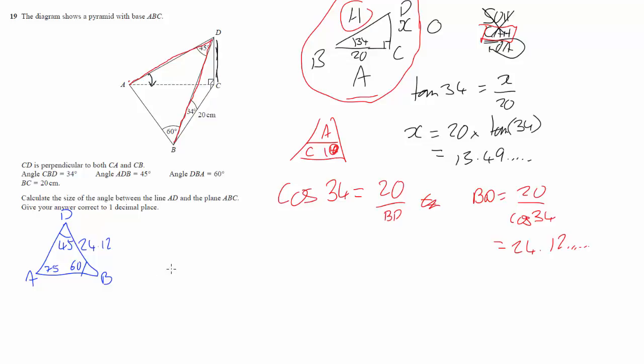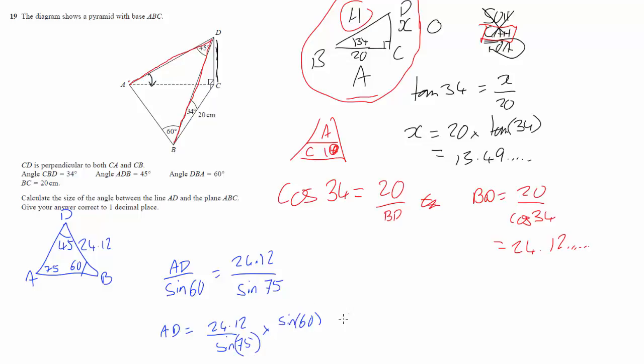Now, if I want to work out the length of AD, I'm going to have AD over sine 60 should be the same as 24.12 divided by sine 75. So AD is 24.12 divided by sine 75 times sine 60. I'll put the brackets in because the calculator will answer that. So let me work that out. That came out to be 21.629.